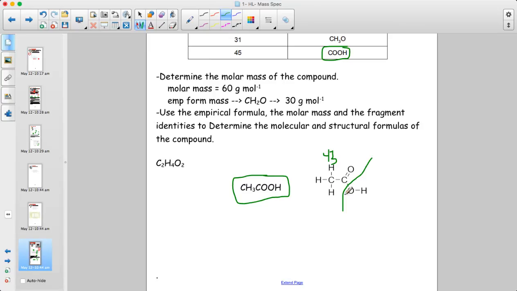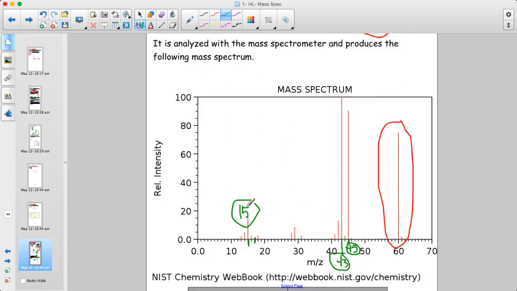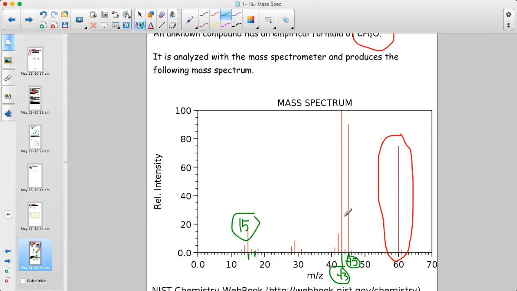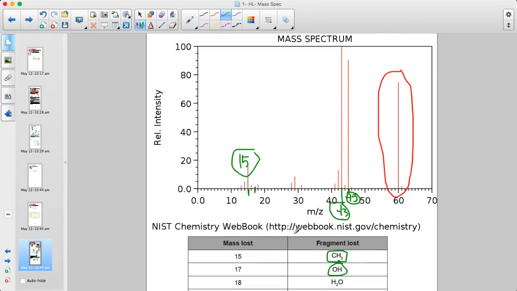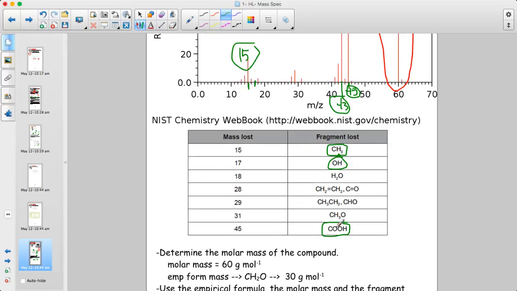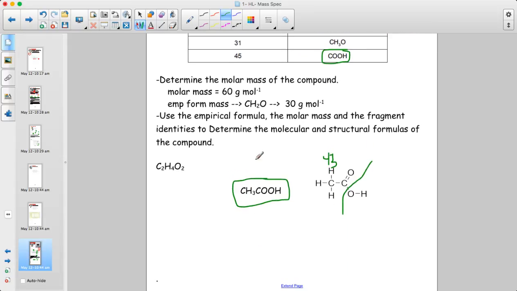Now, it looks like that's probably it. We'd probably want to run some other tests, use some other techniques to double check and make sure that these bonds exist in there and that this structure can be further confirmed. But based on this mass spec, I figured out the molar mass. With the empirical formula, I got the molecular formula. And with these peaks and the IB data booklet, I was able to come up with some pretty good ideas for what the fragments were and figure out how they piece together.